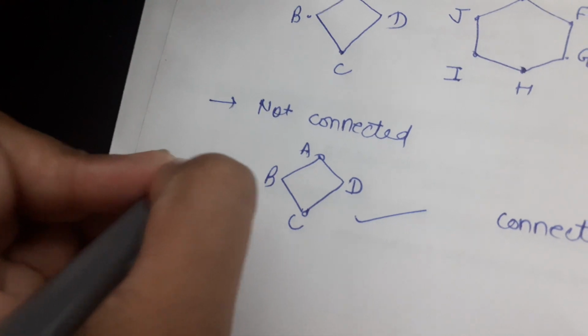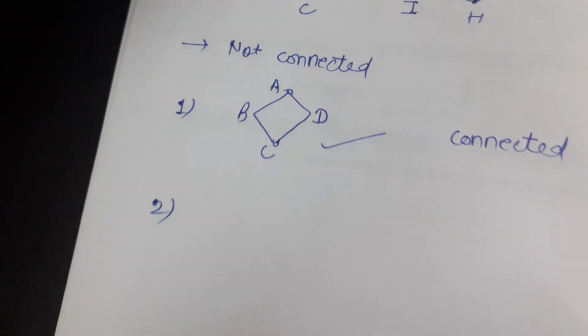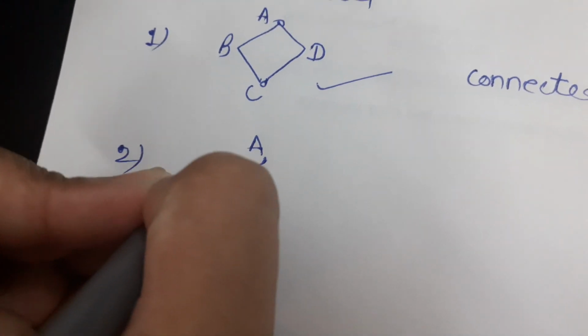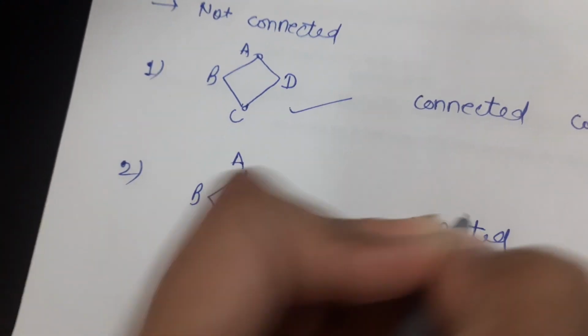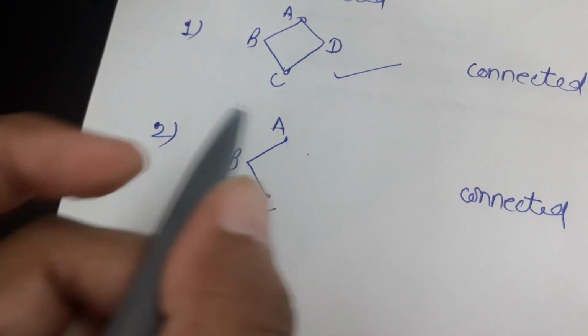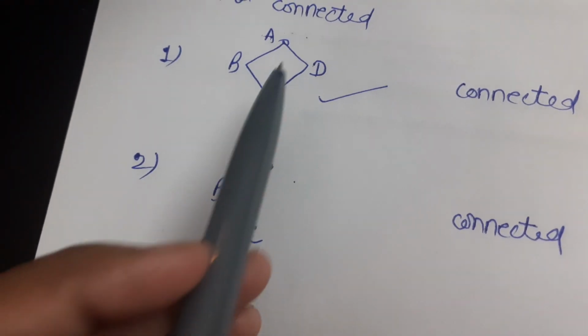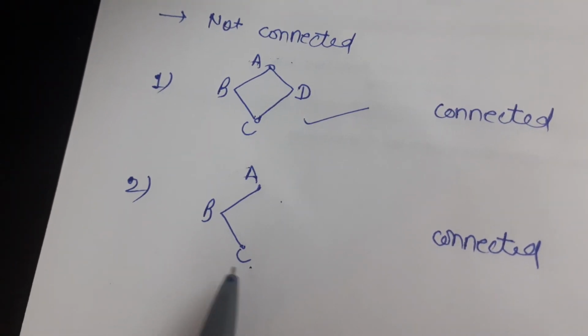Okay. First, if you take this, name it first, and this one the second. A, B and C. Again, it is connected, right? But this subgraph is contained in this subgraph. So this subgraph is not maximal in it.